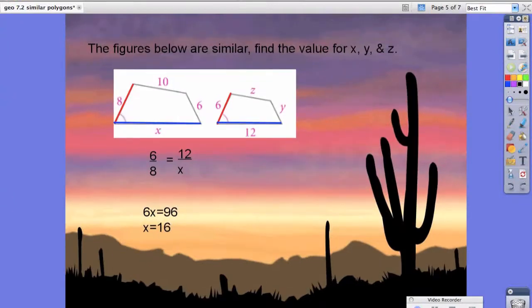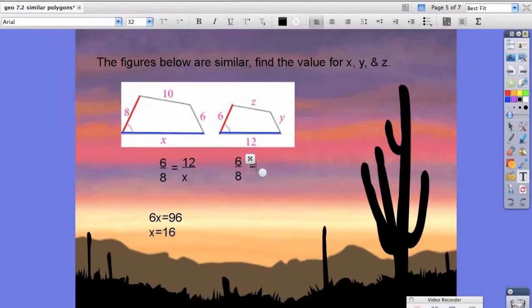Now we're going to do the same exact setup for y and z, and we could still use this same ratio. So I'm going to keep 6/8, and I'm going to set that equal to y divided by 6.